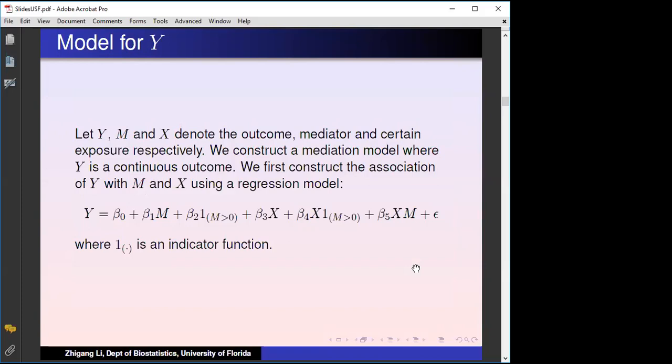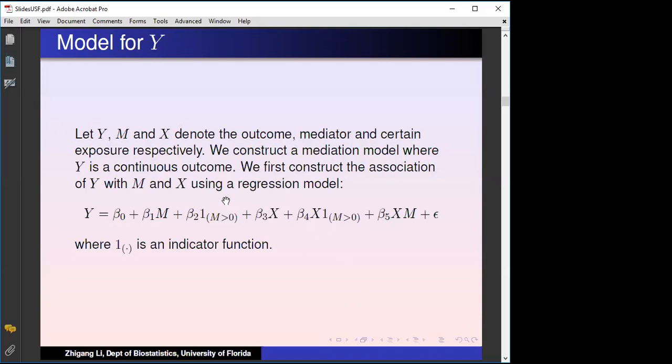Now, here comes some statistical part, the mathematical formulas. We use Y, M, X to denote the outcome, mediator, and exposure respectively. In the mediation model, as mentioned earlier, we usually need multiple regression equations to model all those causal pathways.